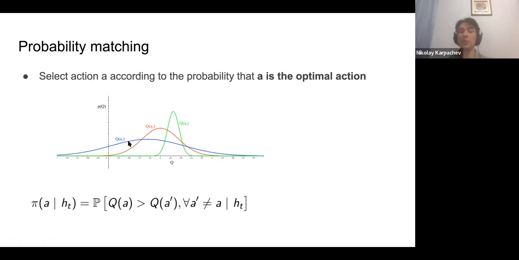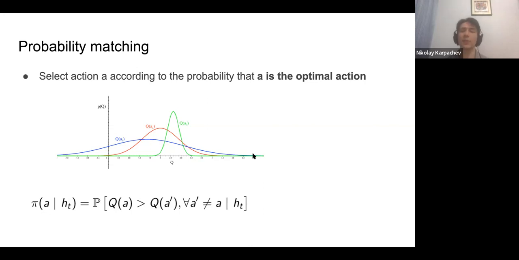For the blue distribution, we looked at the 95% quantile here, and for the red one here. And if, for example, we did UCB strategy, then we would select the blue line here.